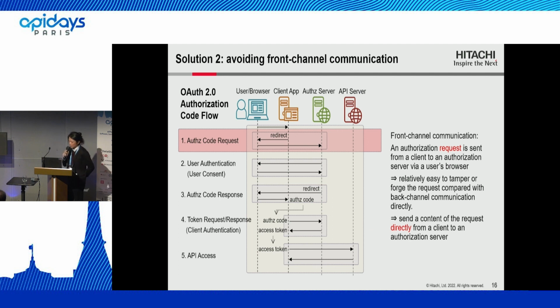And another solution is to avoid front channel communication. FAPI security profiles describe sending the content of this request directly from the client application to the authorization server.